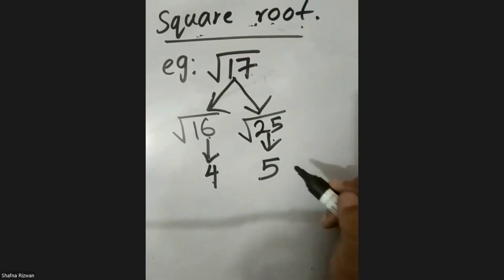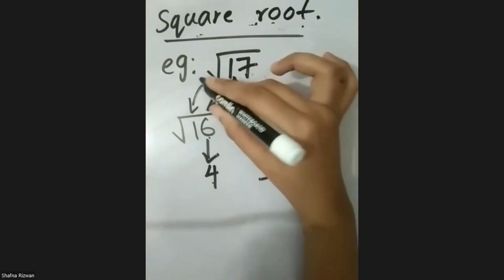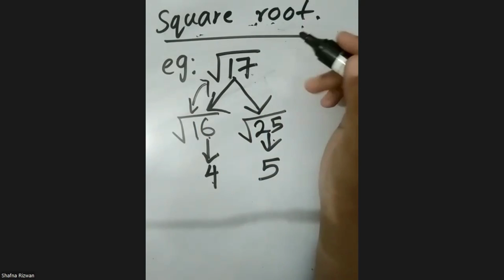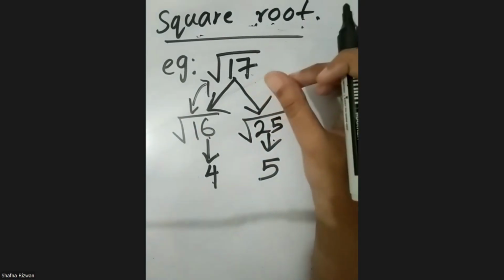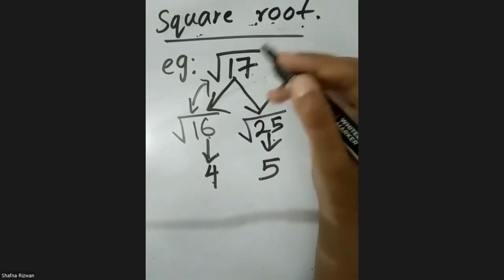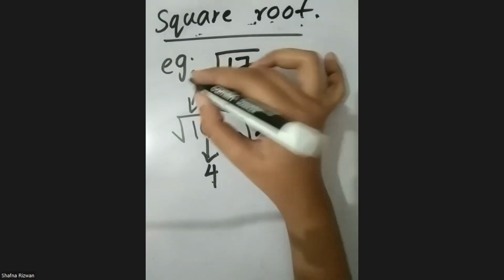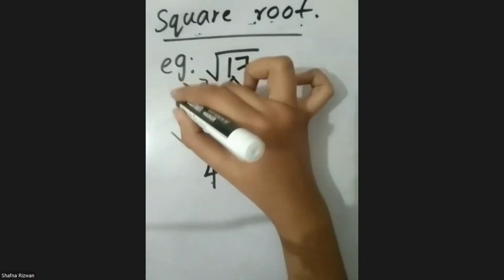Now we are going to see what's the difference between 16 and 17. Difference means the gap between them. To find the gap between 17 and 16, you have to subtract. If you minus 16 from 17, what's the answer? That is 1. That is your difference.